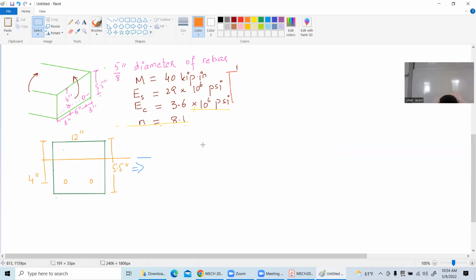So the first step that I will do is I will try to find the X. So I will say this is my little rectangle, nice and beautiful. This is my neutral axis.